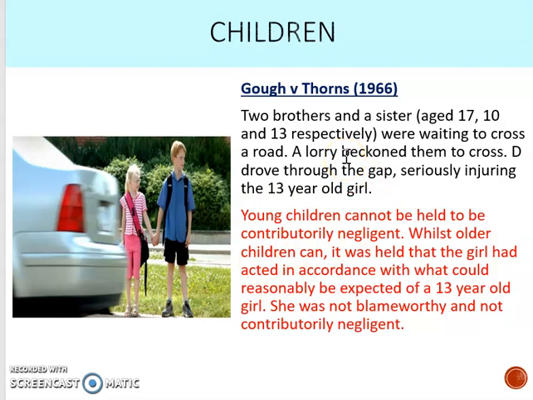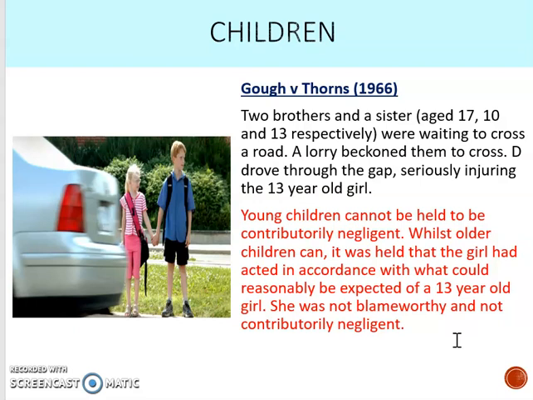But this case gave us a very important principle and said that young children can't be held to be contributory negligent. Older children can, but the court felt that this girl had acted in accordance with what would be reasonably expected of a 13-year-old. So in other words, the court thought that most 13-year-olds would trust an adult who is beckoning them across.